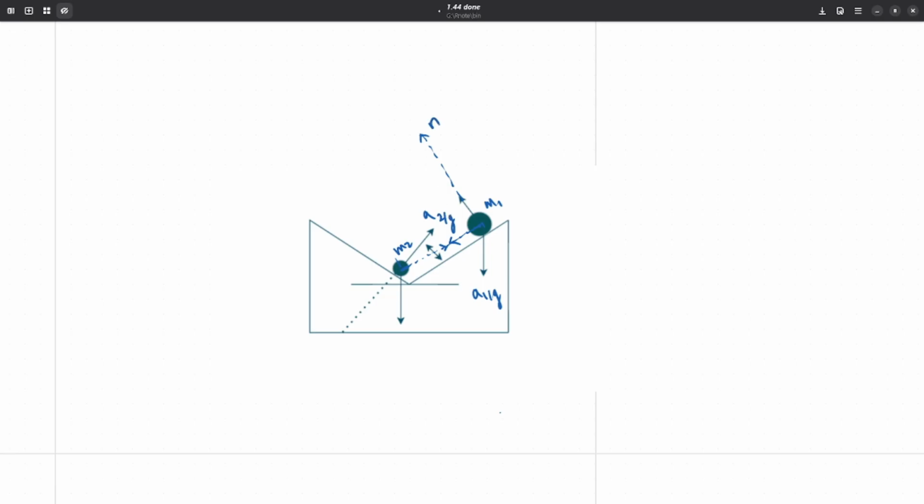And if we denote it by n cap, so n cap is the direction where there is no relative displacement. And if there is no relative displacement, then the accelerations a1g and a2g when projected along n cap are equal. So the normal acceleration a1g along n cap is equal to a2g along normal. And this is our third equation.